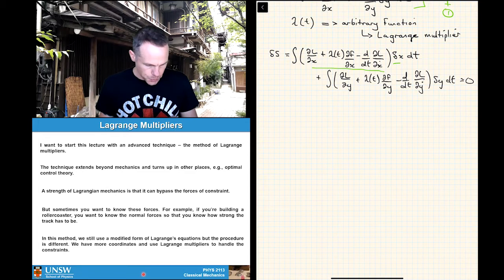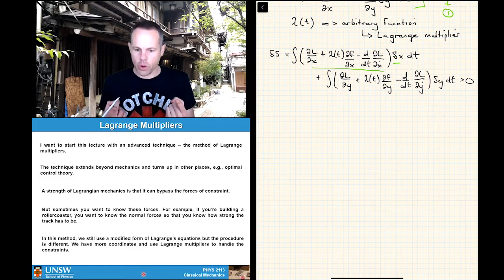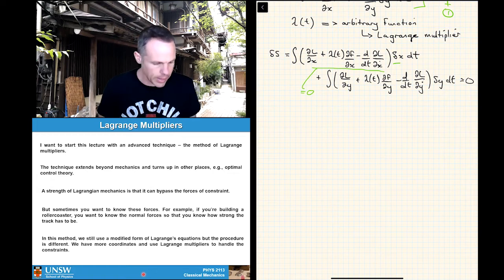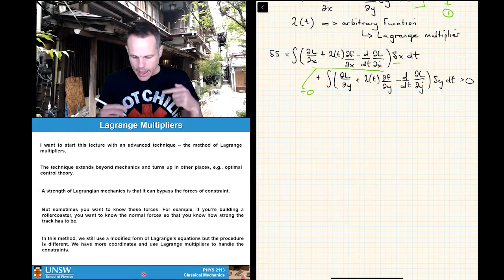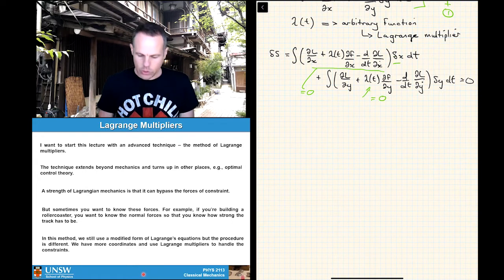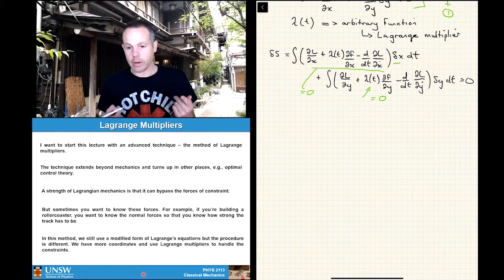And we know from earlier work on calculus of variations that this thing here is going to turn out to be equal to 0, right? And that's going to carry the same way into this second equation. So these two big equations that we've got here are now equal to 0.